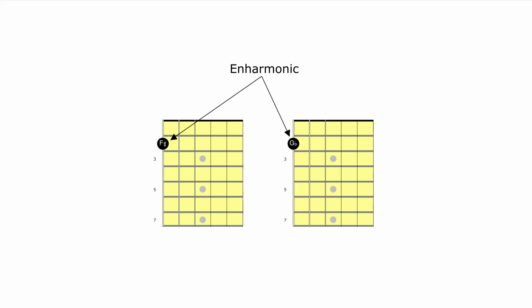So in the key of D flat, we're going to have to call that 2nd fret G flat. In the key of G, we're going to have to call that 2nd fret F sharp. But again, they're going to sound the same. Same note, but that's what you call enharmonic. They sound the same. It's the same note. We're just calling them two different things depending on the key spelling.